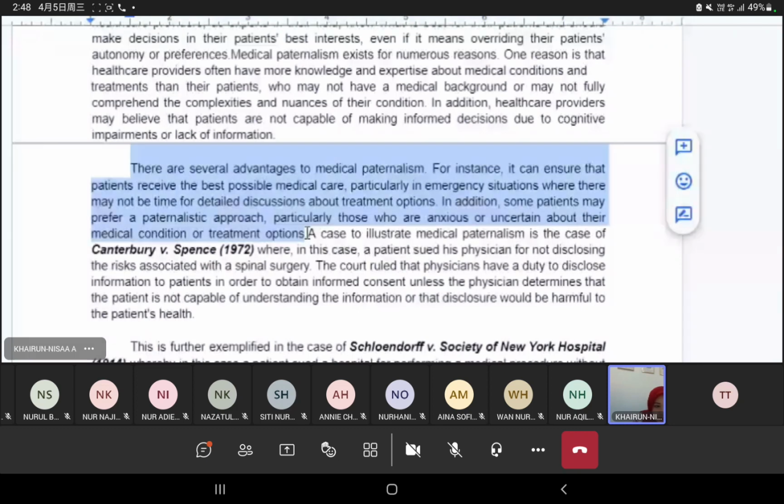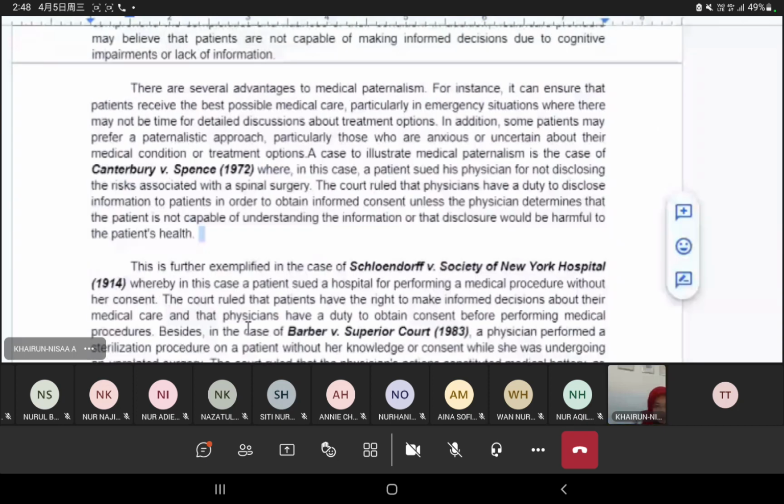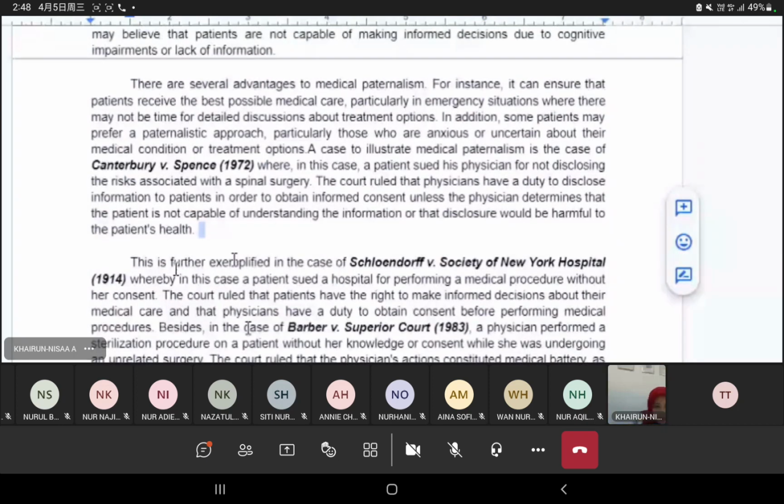A case to illustrate medical paternalism is the case of Canterbury and Spence. Physicians have a duty to disclose information to patients in order to obtain informed consent unless the physician determines that the patient is not capable of understanding the information. This is further exemplified in the case of Schröndorff.